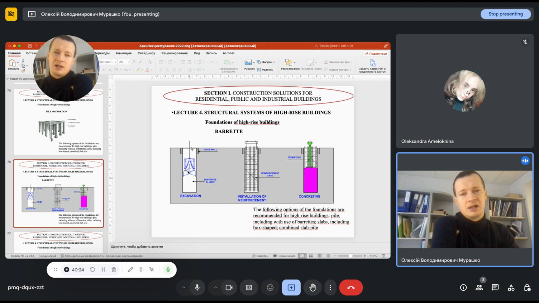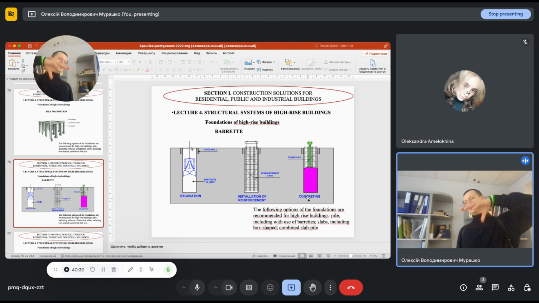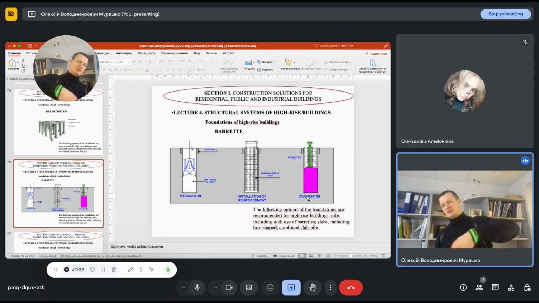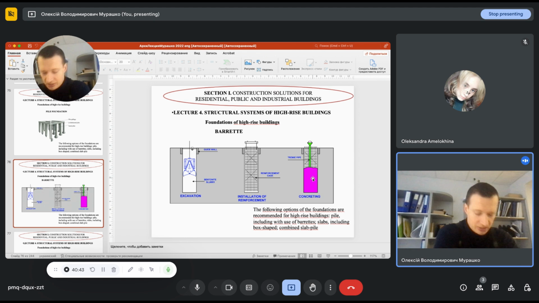Barrettes are a kind of foundation, like walls in the ground. A huge machine excavates the ground, and we locate reinforcement there, and then we pour the concrete inside of it.